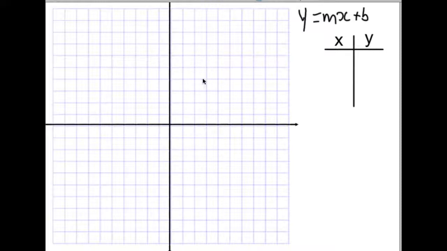Now I'm using a Cartesian grid, and if you remember, we've got our x values here and our y values here. Our x values increase in a positive manner right here, so for instance 1, 2, 3 and so on, and they go in a negative manner on the other side of this y-axis, so for instance -1, -2 and -3.